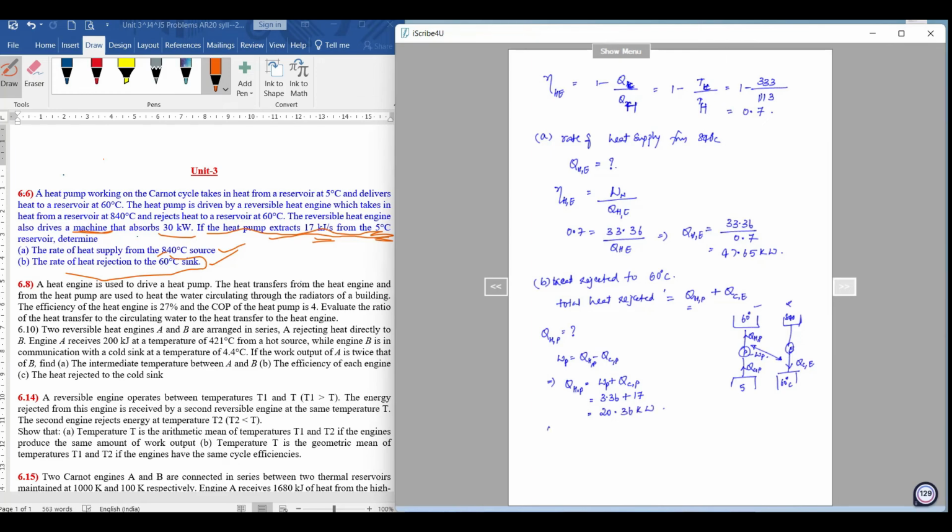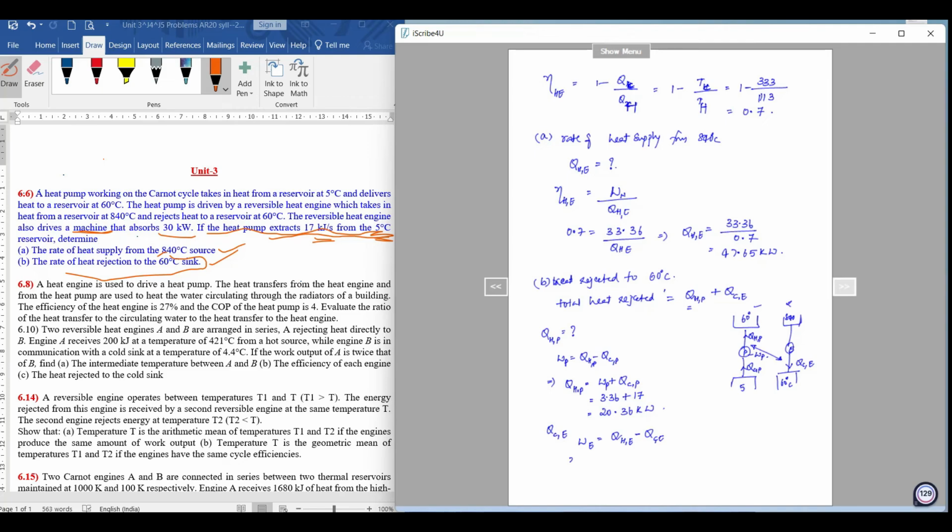And we already know QC of E. So from QC of E you can calculate the work of the engine, which equals the heat rejected, that is QH of engine minus QC of engine. W of engine is already known, the total engine output we calculated, that is 33.36.